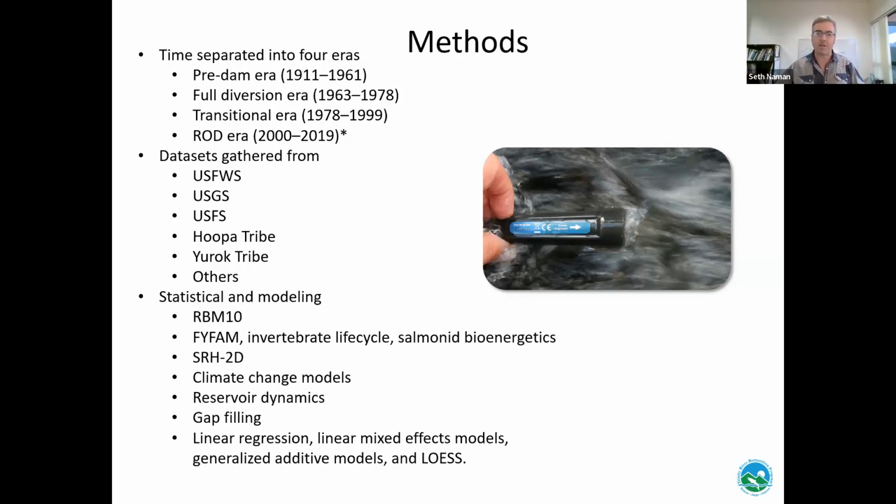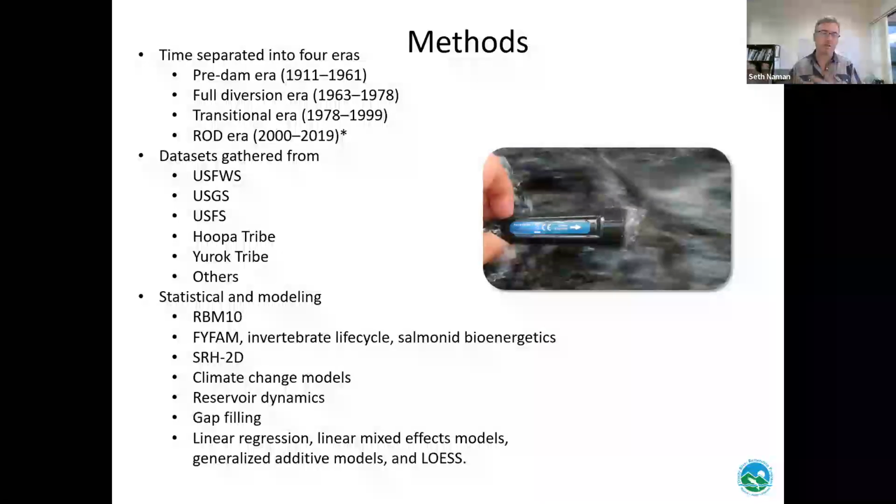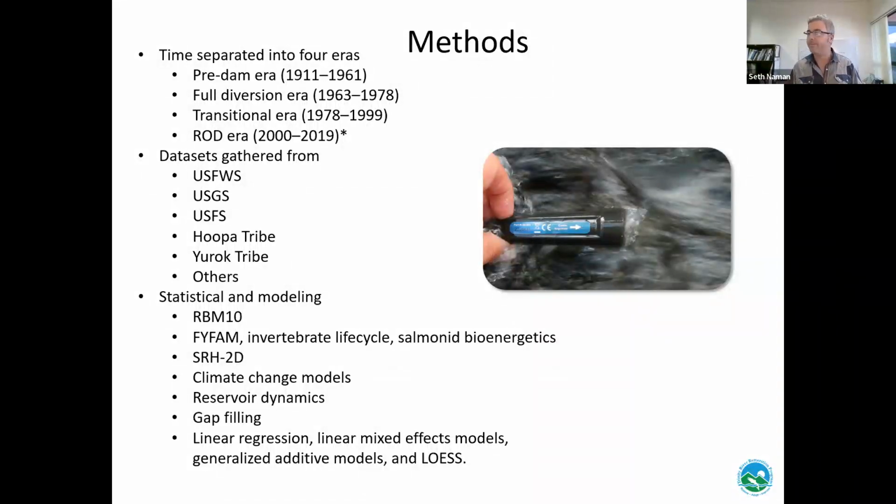I put an asterisk next to the ROD era because that's after 2000, the inception of the Trinity River Restoration Program and the restoration of the last two decades. That's a time period we wanted to focus on, because this is part of the adaptive management process: taking what we've learned and adjusting our management relative to it.